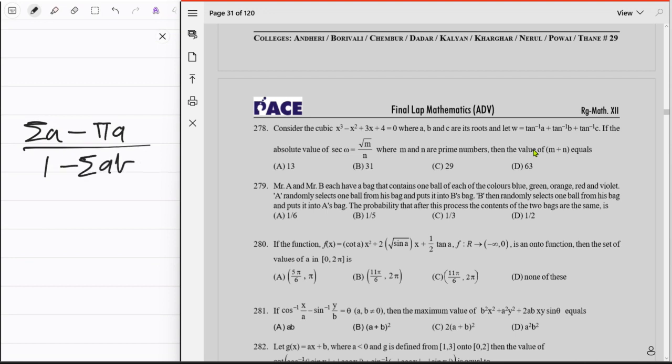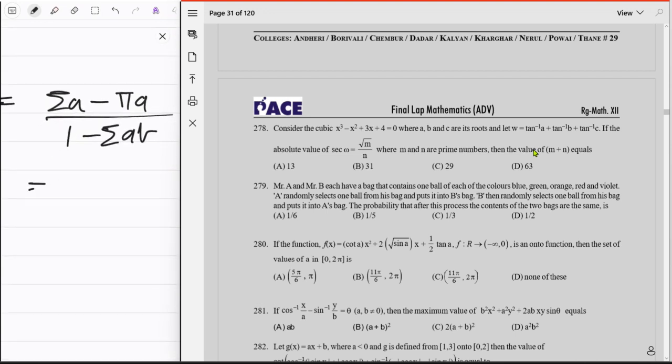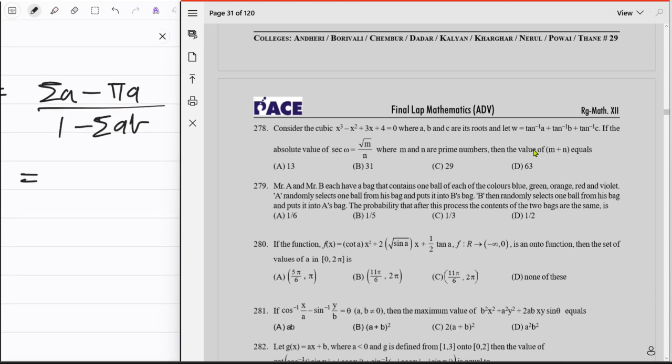The sum of the roots is just 1, minus the product of roots, which is just the cubic. It's negative, right? Negative, positive, negative. Yes, it's negative 4. Oh, negative of negative 4. Sorry, this is positive 4. Okay, cool. Upon 1 minus this thing. 3 will come, so 1 minus 3 is negative 2.